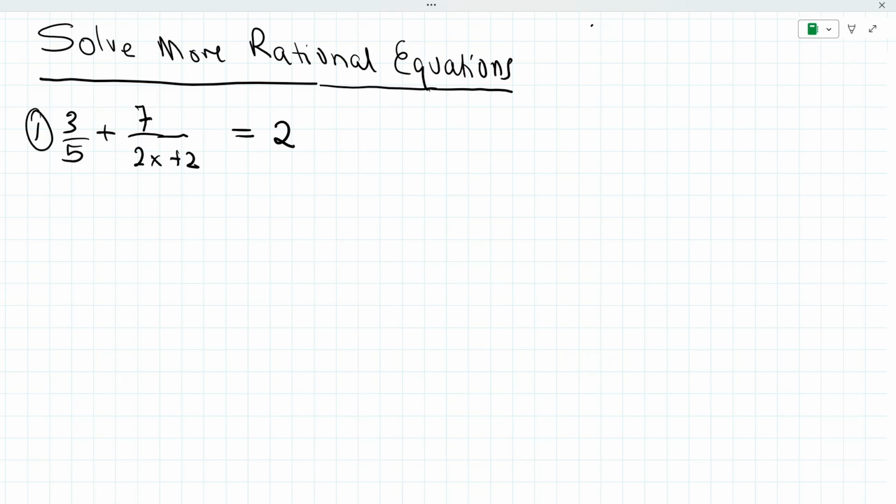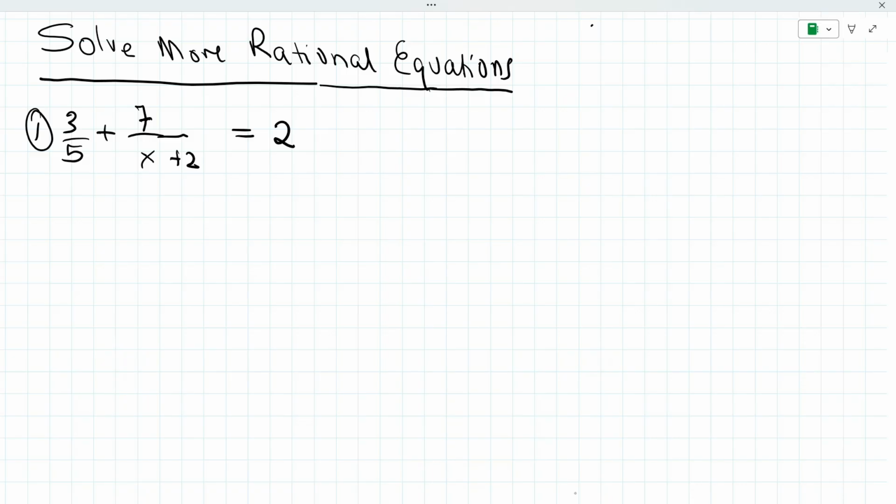Well, we start off by multiplying by x. Actually, this is x, sorry. This is x plus 2. So we begin by multiplying everywhere by x plus 2 so that we get this binomial, sorry, out of the denominator.